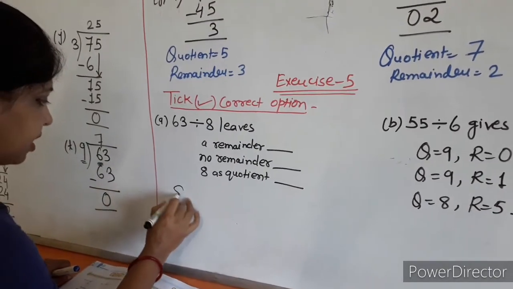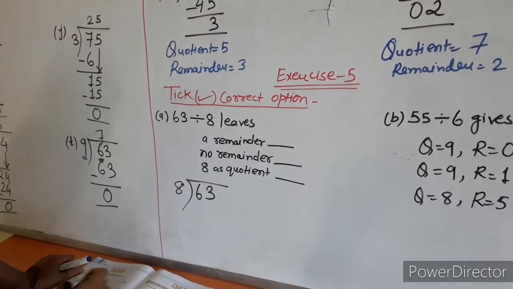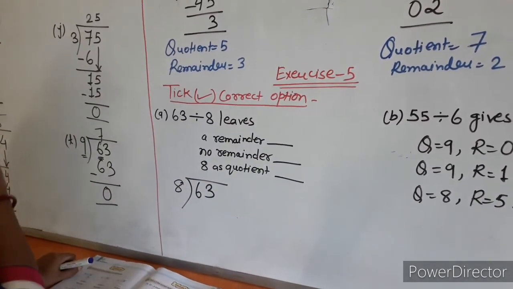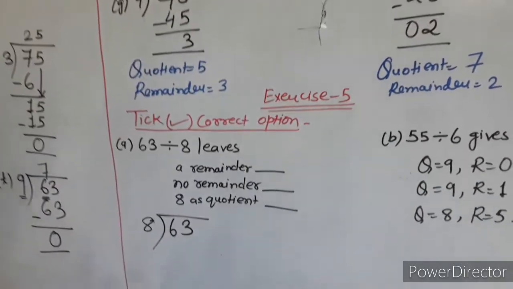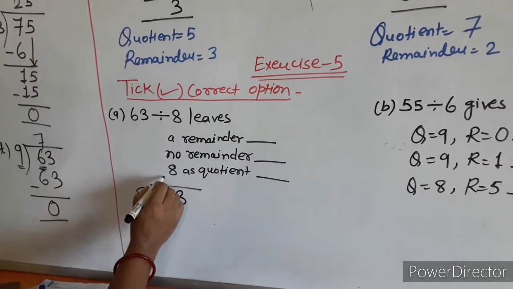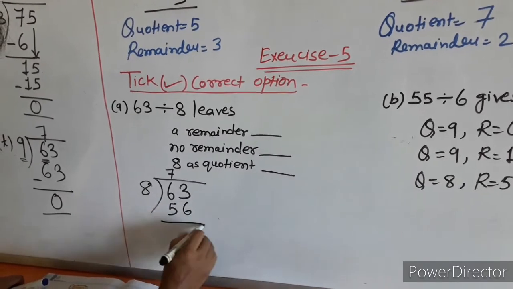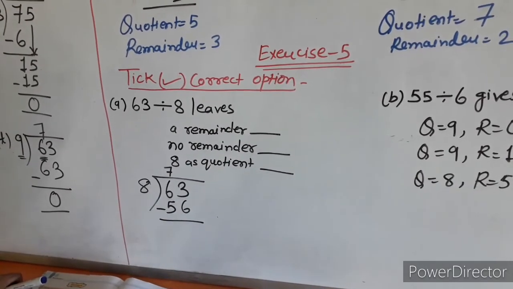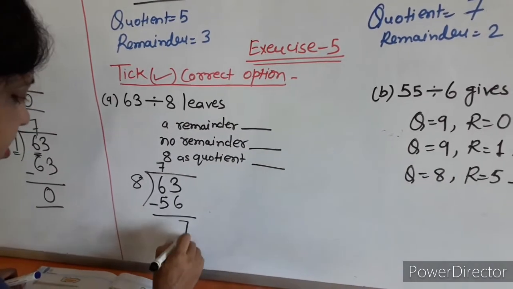You can do it in rough form. 8 1 is 8, 8 2 is 16, 8 3 is 24, 8 4 is 32, 8 5 is 40, 8 6 is 48, 8 7 is 56, 8 8 is 64. So we have to write 8 7 is 56, minus, and 7.